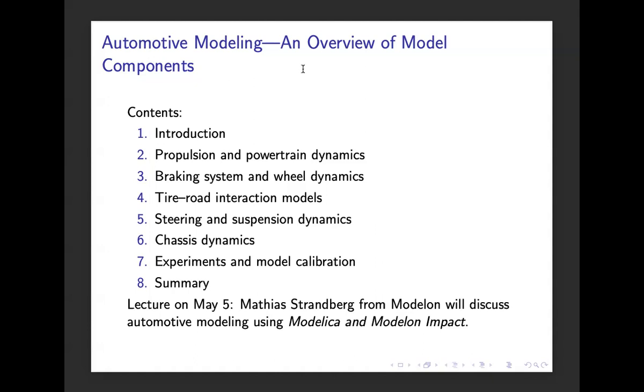Then I will discuss a bit about propulsion and powertrain dynamics and how the vehicle is able to move forward. Then discuss braking systems and wheel dynamics. And then spend some slides on discussing the tire-road interaction modeling and the dynamics associated with that, because that turns out to be a key aspect in many of the system modeling properties of automotive systems.